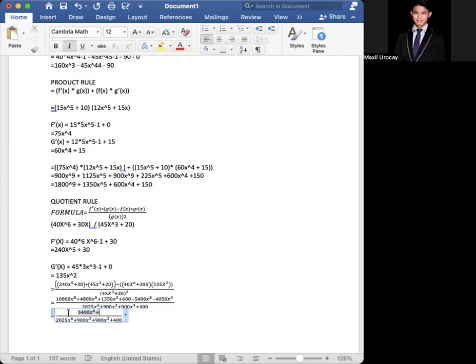Then afterwards, there is no other x to the power of 5 like it. So 4,800 x to the power of 5, plus there is a 3 duplicate. So 1,350 minus 4,050.